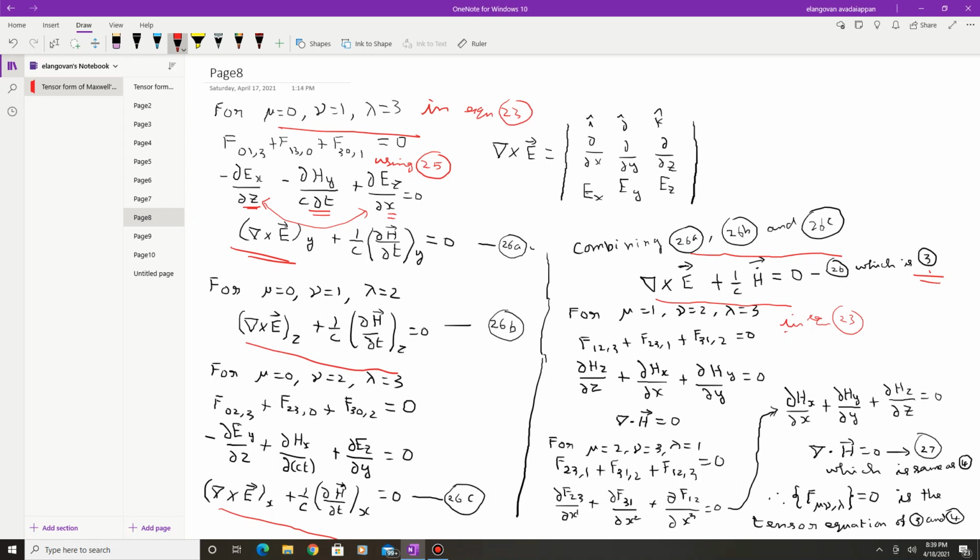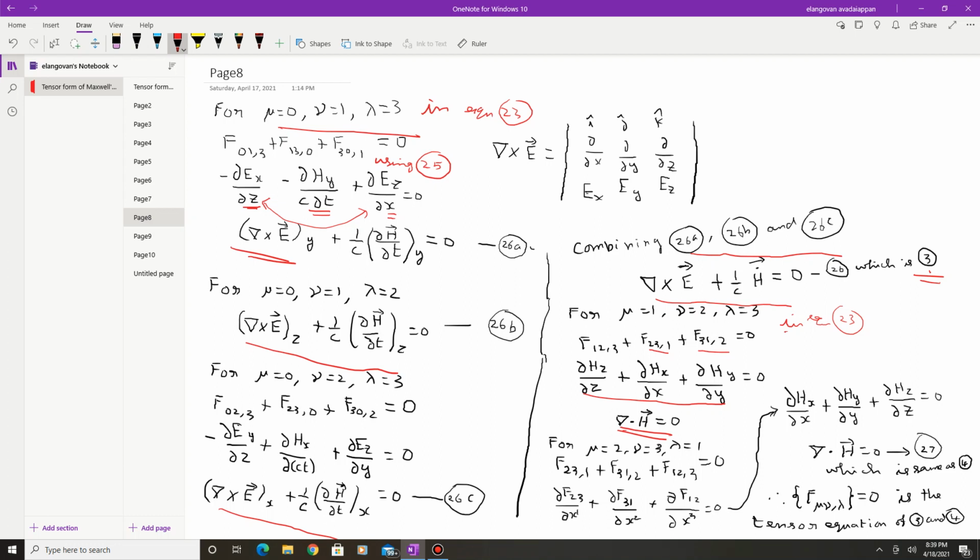As before, this can be expressed in terms of partial d F12 by partial dx3 plus partial d F23 by partial dx1, and partial d F31 by partial dx2, and if you substitute the covariant components F12, F23, F31, you will get this expression. And this is the divergence of H. So divergence of H is 0.